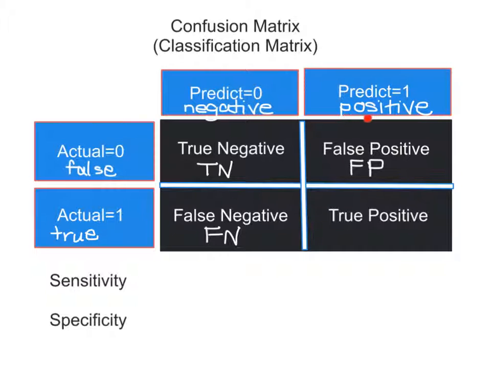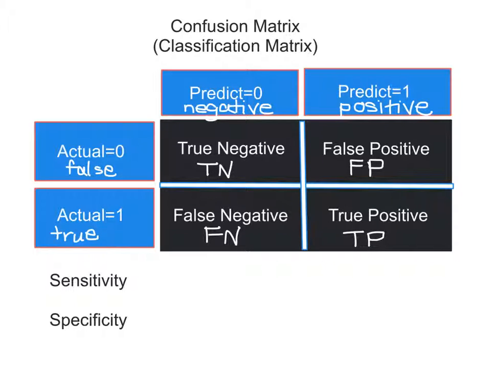And if we predict a 1, which is a positive result, and the actual is true, it is positive, then we have a true positive. So here you can see that we have 1, 2, 3, 4 possible outcomes of our prediction versus our actual.